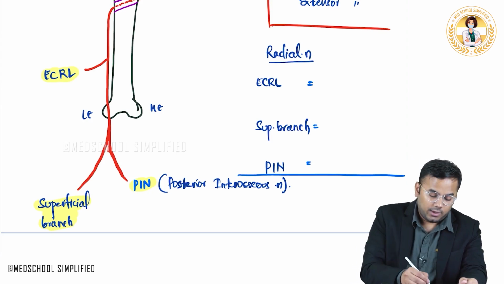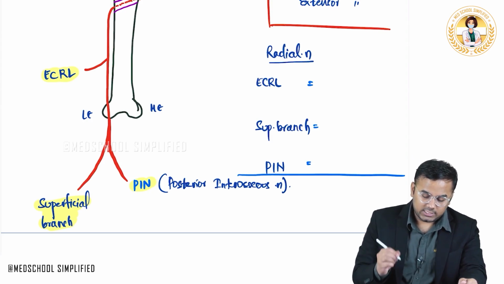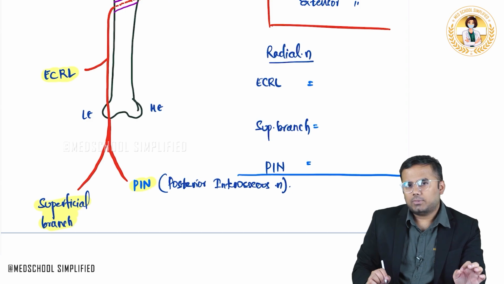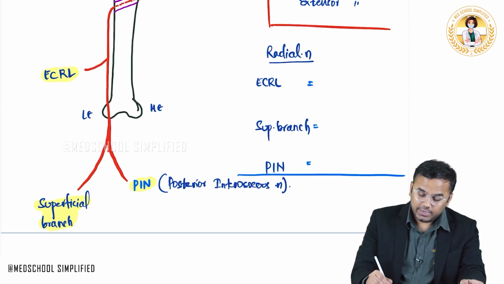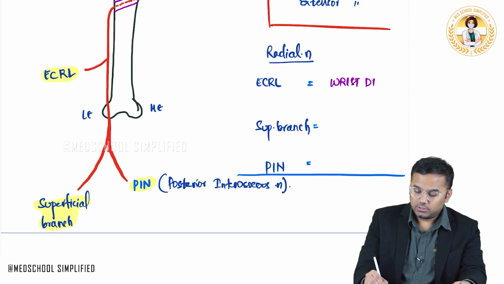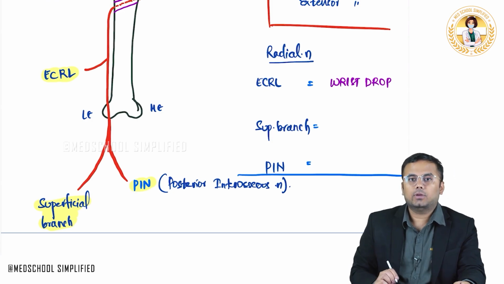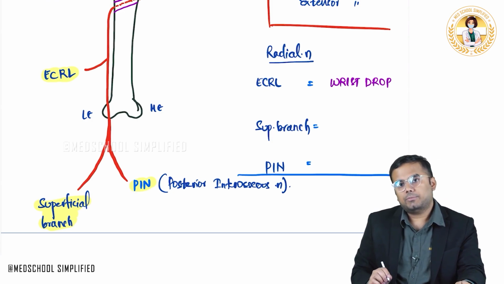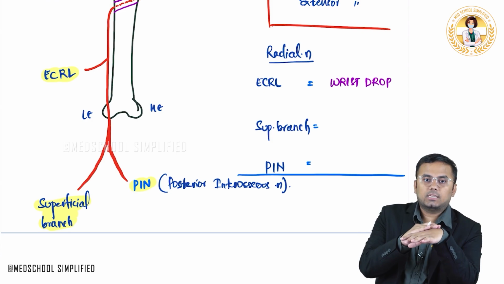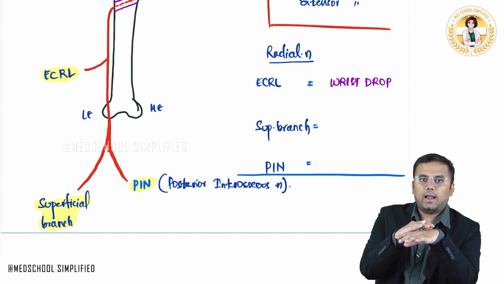Yes or no? Now, if extensor carpi radialis longus is injured, this would lead to wrist drop. Just remember like that. If the superficial branch is damaged, then the skin on the dorsal side of the hand won't have any sensation.